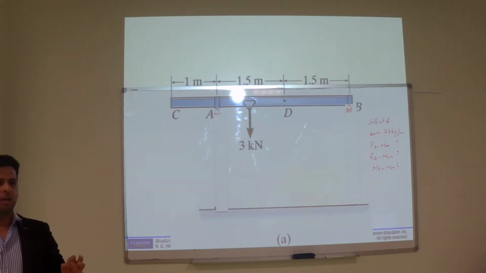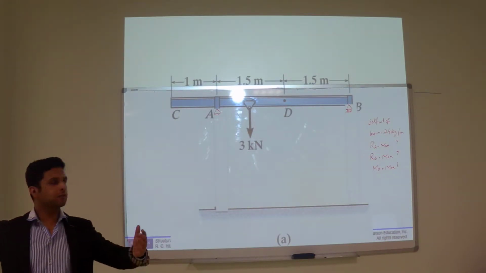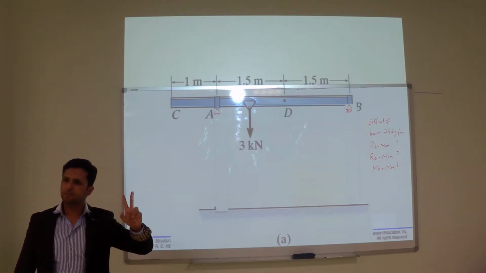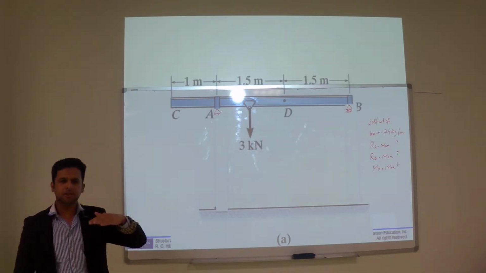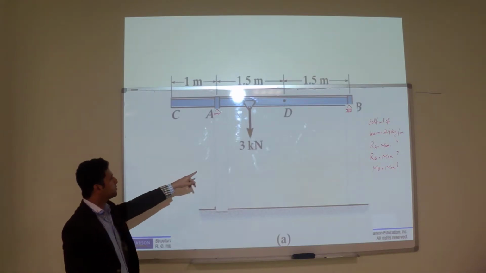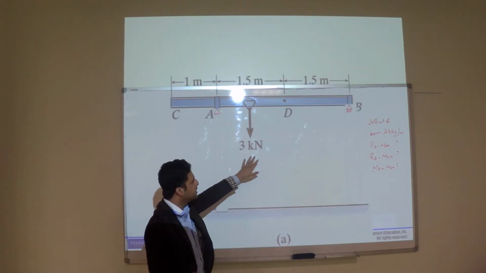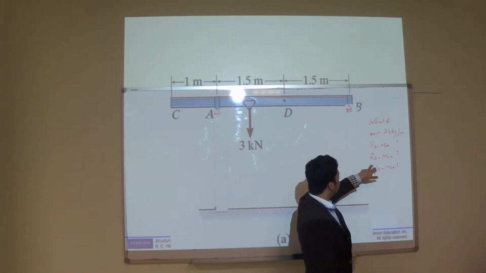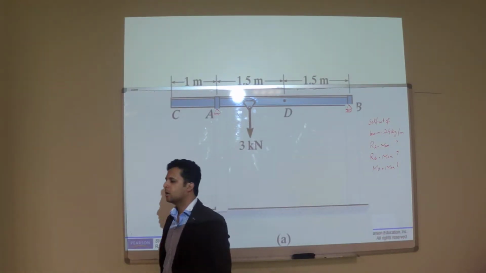Today I will teach you how you can apply the loads. For example, in this case now we have two loads. Number one, self weight of the beam, 24 kg per meter, which is UDL, and the other load is 3 kN. So we have to find out the maximum reaction at A, maximum reaction at B, and the maximum bending moment.